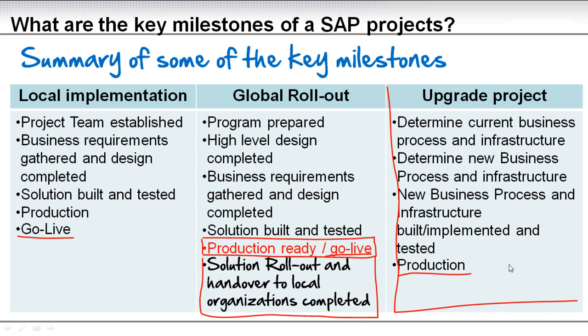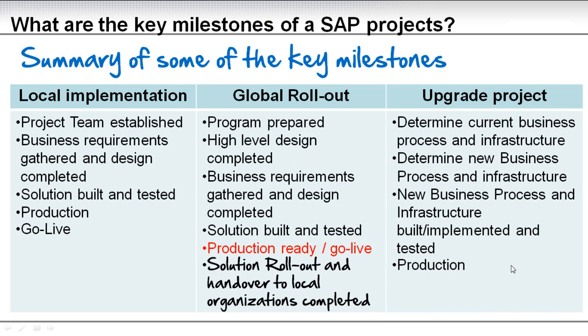So it is not to add anything new. It is to upgrade, as it says, any existing processes. Perhaps the upgrade will come with new functionality as part of adding in the new components, but you are not adding any new processes.